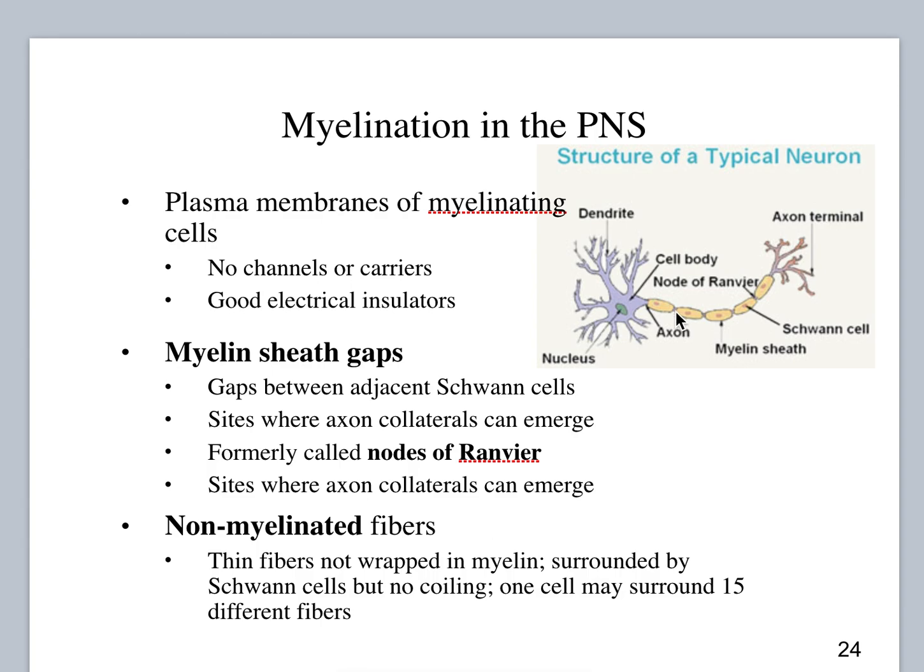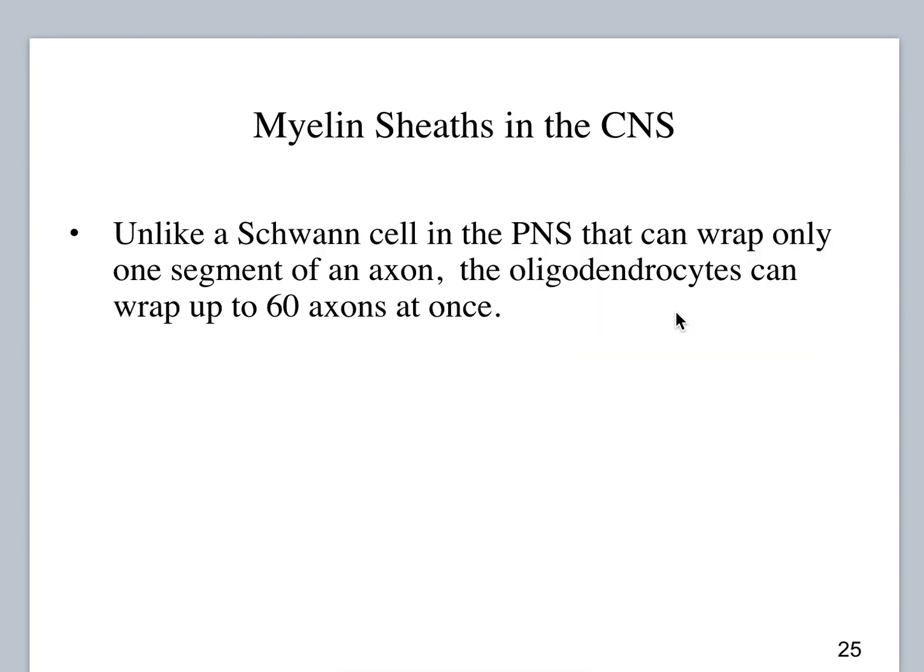That's the space in between the individual myelin sheaths. A Schwann cell in the peripheral nervous system can only wrap one segment of the axon, whereas in the central nervous system, an oligodendrocyte can wrap up to 60 axons at one time.